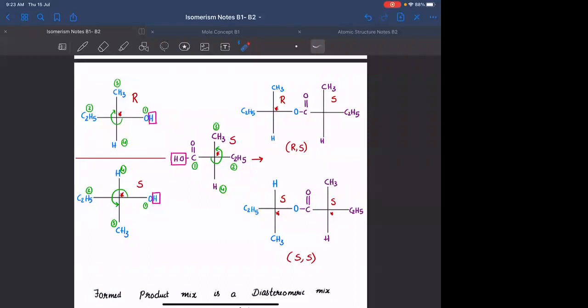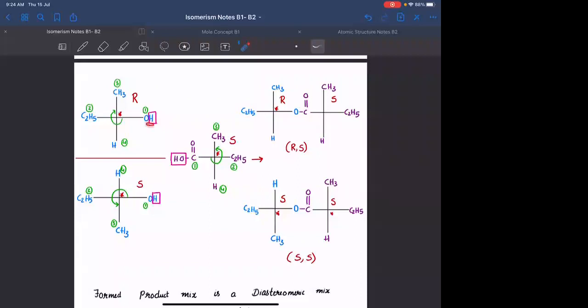If you are not having an optically active acid, again you may not separate them. क्योंकि after reaction, here you are getting RS and SS. If this is not optically active part, this will be having configuration R, this will be having configuration S again. And both of them will be mirror images again. So you cannot separate them. So one of the important criteria is the acid which you are taking must be optically active.